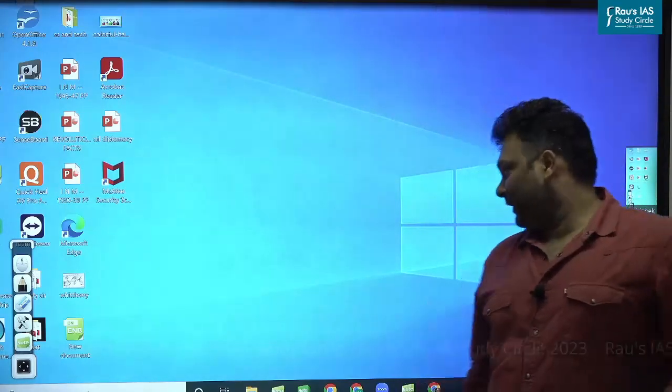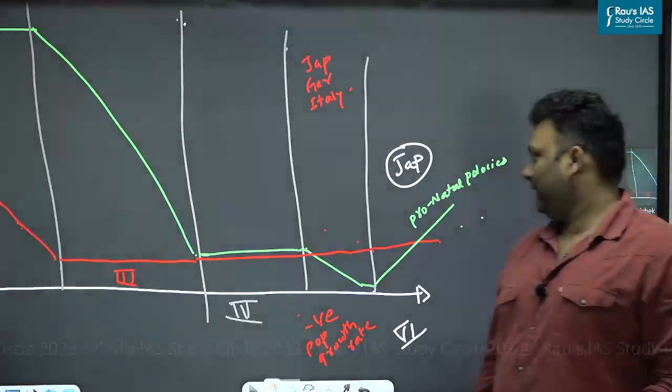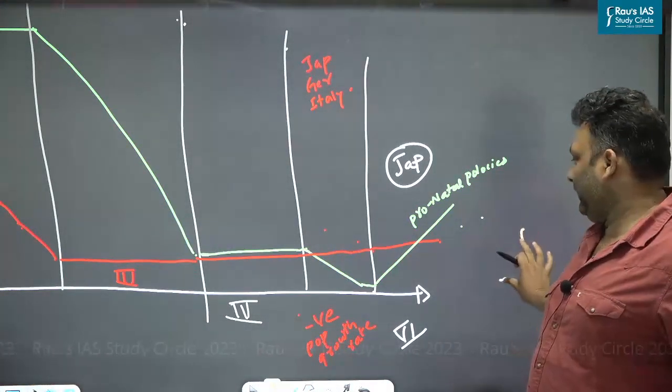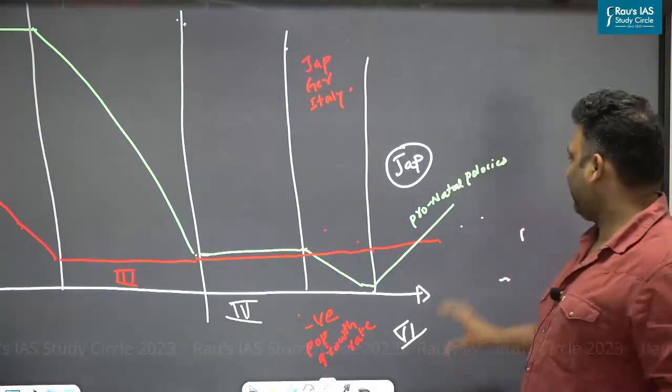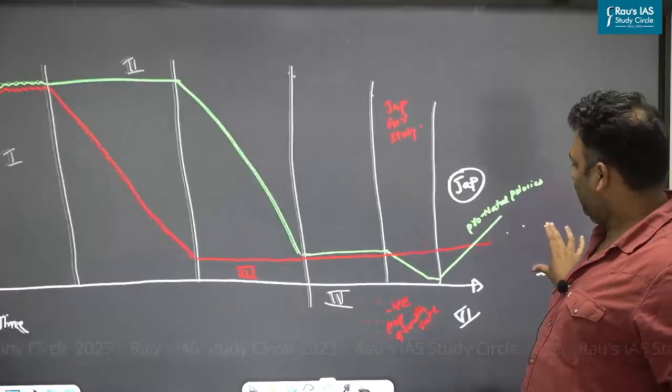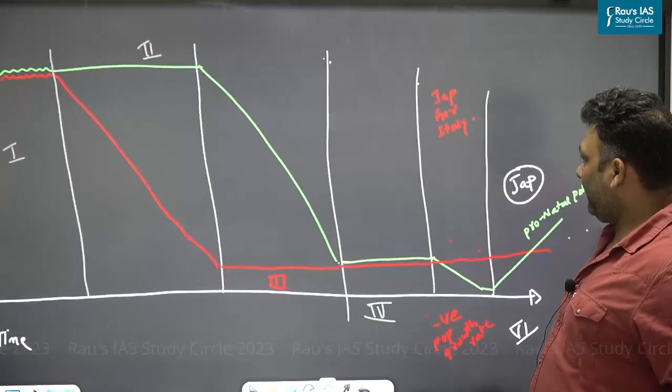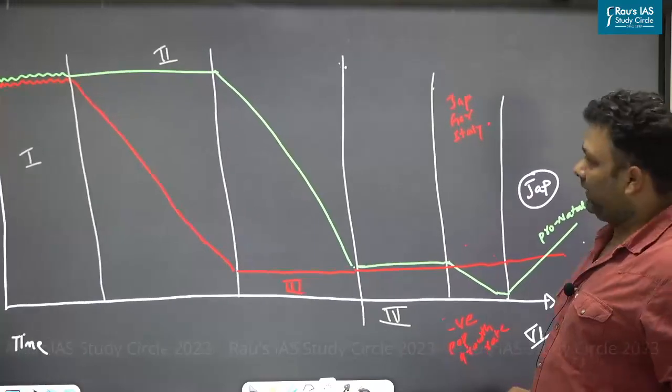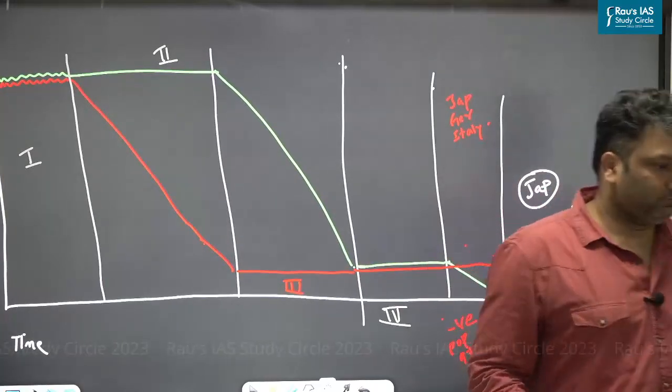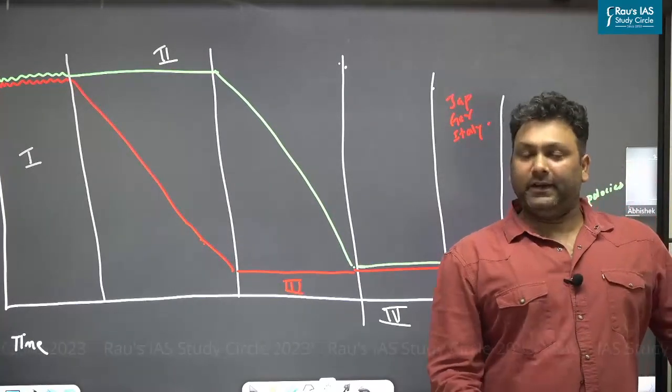The society begins with high birth rate and high death rate. In bracket you can write around 40.